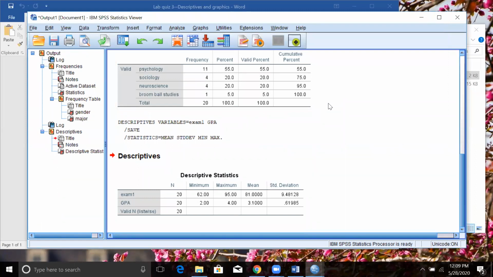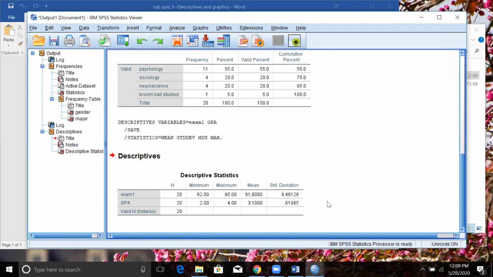So again, you're going to want to pull the information out of this output to indicate that you know what you're looking at. So in that question, it says, what is the mean and standard deviation for exam one? The idea is you just need to be able to identify that that specific information is available right here. So the mean for exam one is 81 and the standard deviation is 9.48.